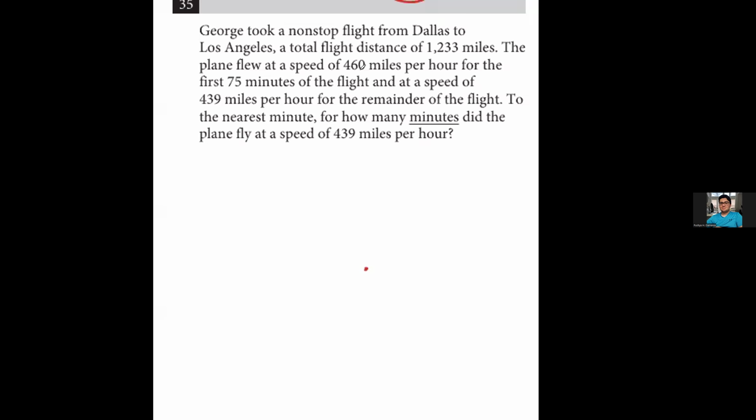It flew 460 miles an hour for the first 75 minutes and 439 miles an hour for the remainder of the flight. How many minutes did the plane fly at 439 miles per hour?